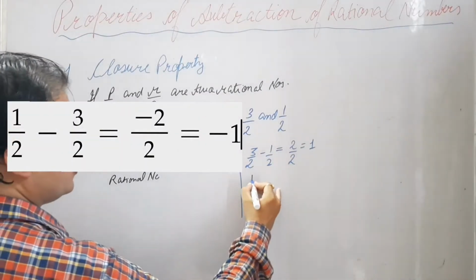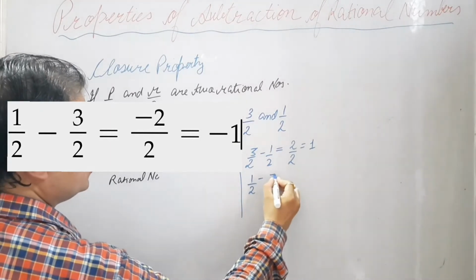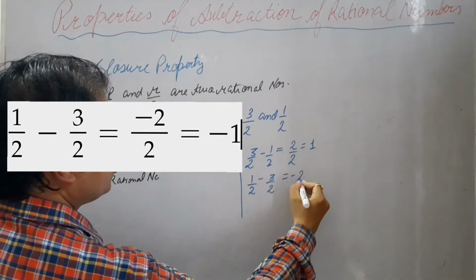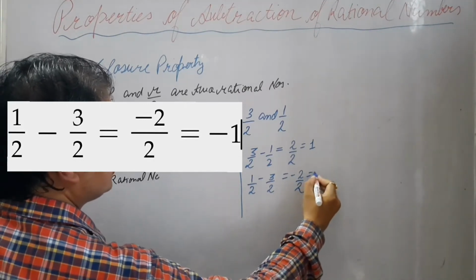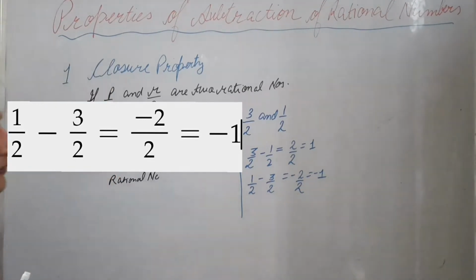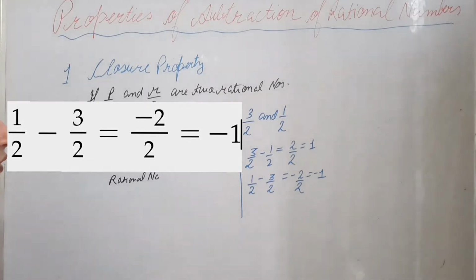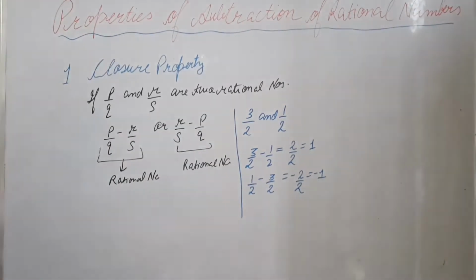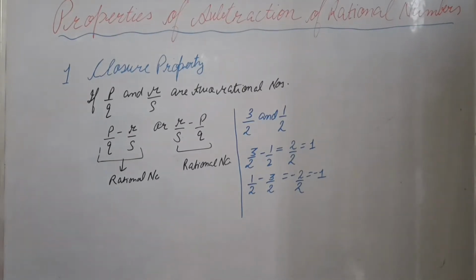If you subtract 3 by 2 from 1 by 2, then the answer is minus 2 upon 2, and in lowest form it is minus 1. This property tells us the difference of two rational numbers is always a rational number, like addition.